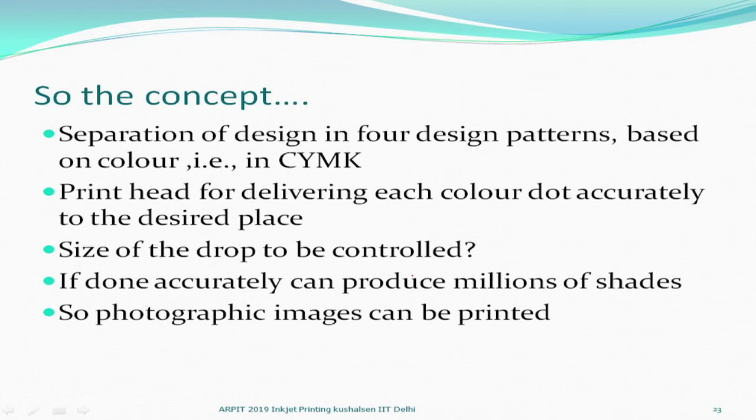This is what is done. The size of the drop can be controlled. If done accurately, it can produce million shades, and so you get photographic images. Right? That is how this technology is the highest advanced in that sense.